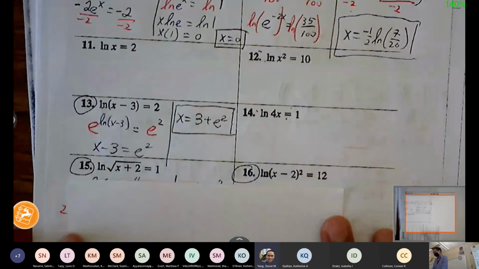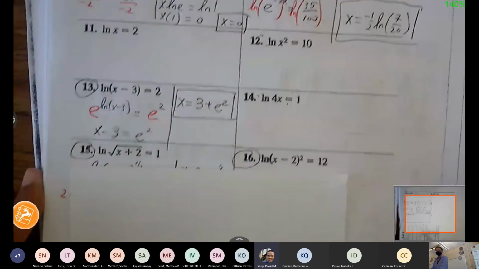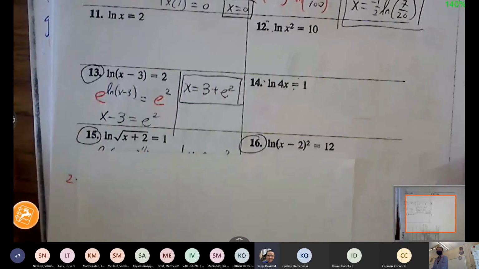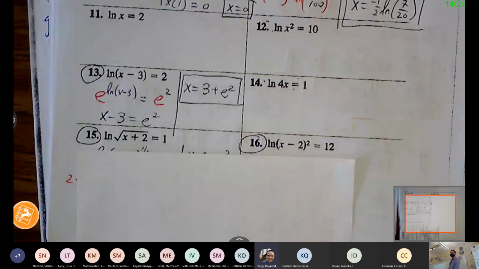Right, look at 15 and 16, same process, but there's something that we need to do beforehand. Before we can raise both sides to base e, we need to resolve the square root for 15, and we need to resolve the square for 16. So see what you can do to maybe convert that radical to a rational, to push it to the other side.